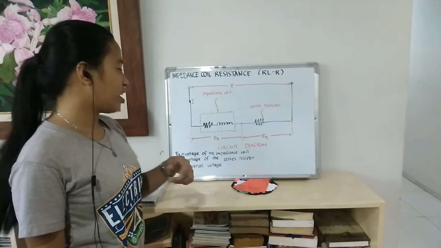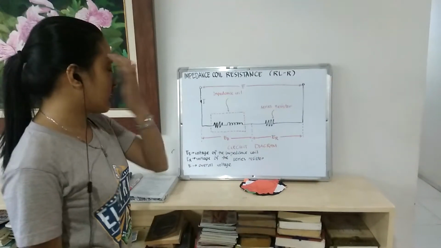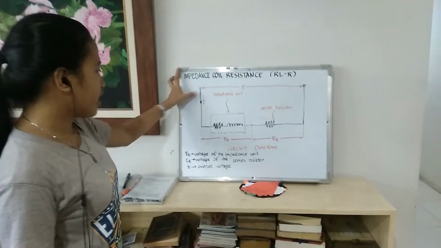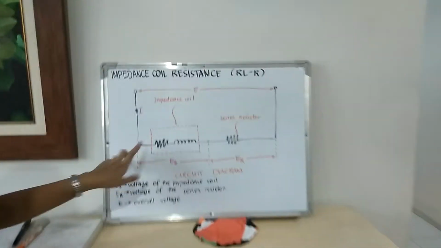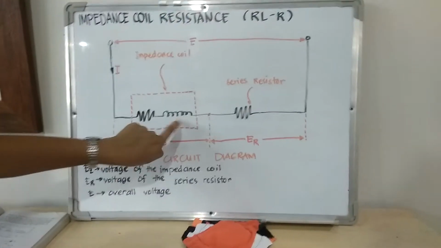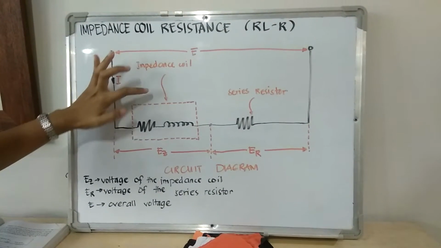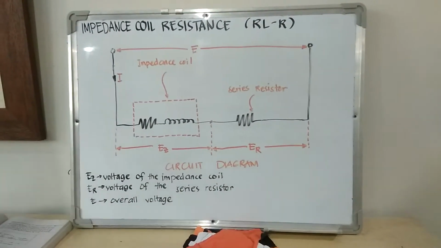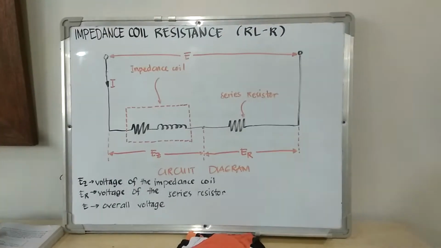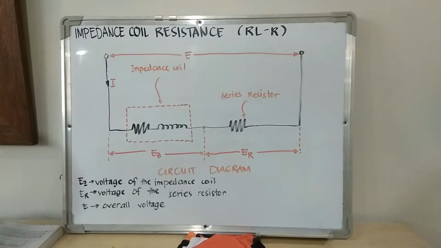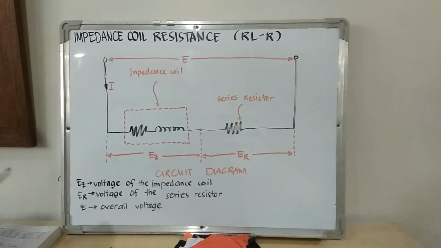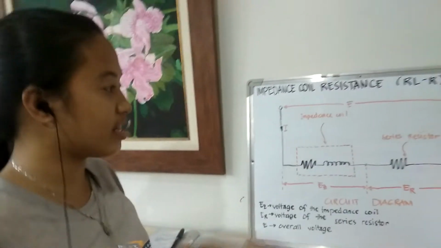Next, let's go to the circuit diagram of the RLR circuit. So this is the diagram. Resistor and inductor. So this is the impedance coil. Then it is stated earlier that to determine the resistance and inductance of the coil, it is sometimes desirable to connect a fixed resistance.